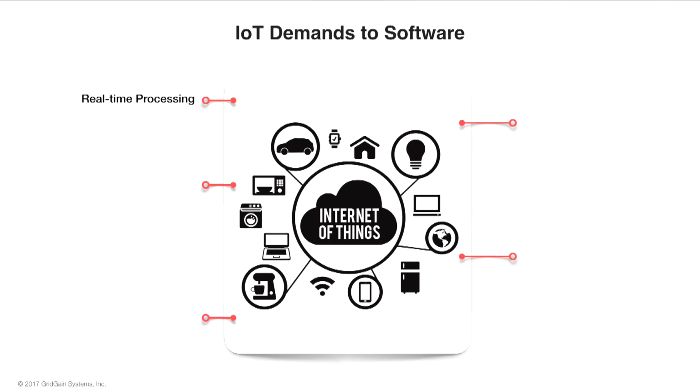Neither the sensors nor the central processing software in this car can afford any delays, any violations of any SLAs. This is when real-time requirements become essential for a variety of different IoT applications.